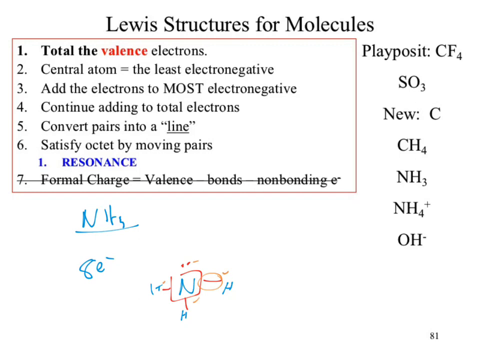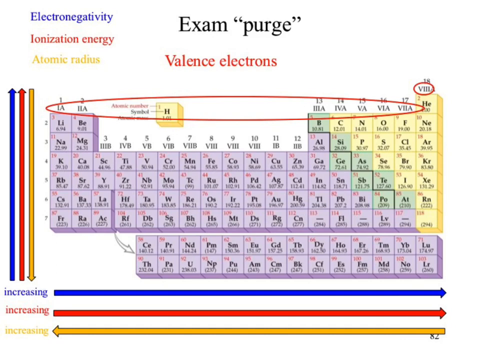Shape is tetrahedral, or electron geometry is tetrahedral. Are all of those groups the same? No, one's shown as dots. That allows me to differentiate. I have 1 non-bonding, 3 bonding. My answer for my molecular shape becomes trigonal planar. Sorry, pyramidal.